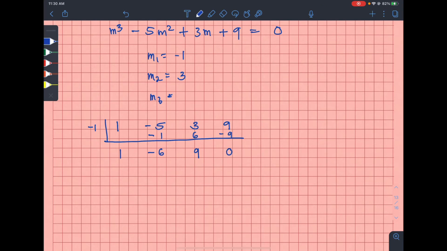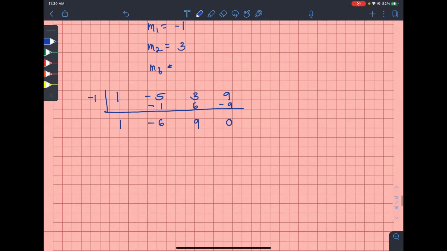As you can see, the last number is the remainder, which is 0. Therefore, that is a root of the equation. So this is now reduced. If we bring it back to the algebraic equation, that will become m, then m squared.